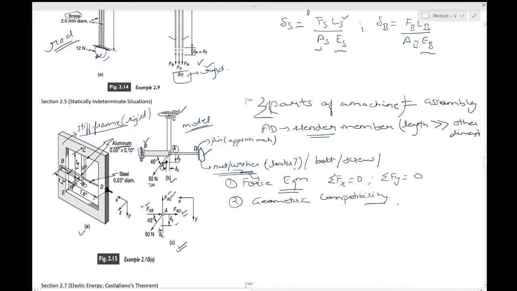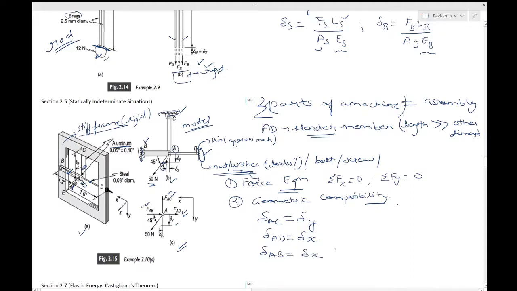So you can just move the bar in the tangential direction, and you get a delta y and delta x. In this case delta AC will be equal to delta y, delta AD will be equal to delta x, and obviously delta AB will be equal to delta x.